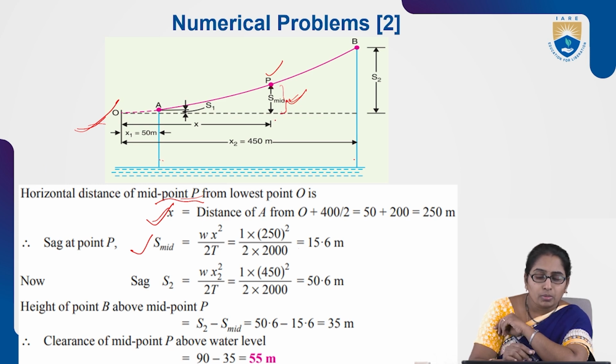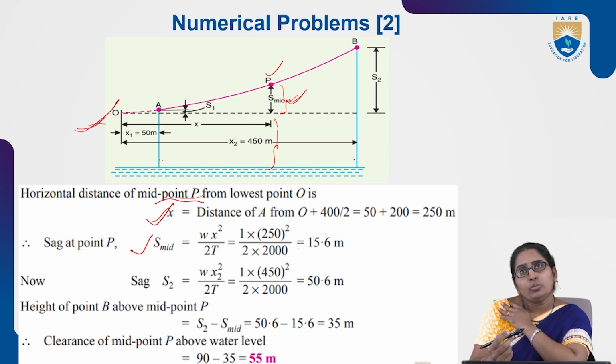If we know this value, we get the clearance. How do we find that value?